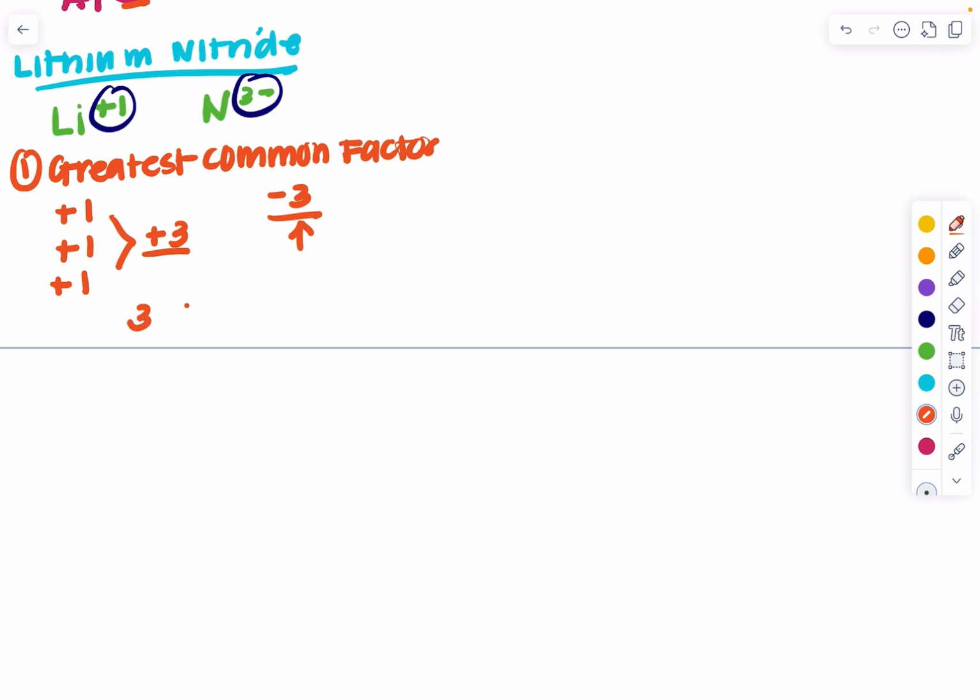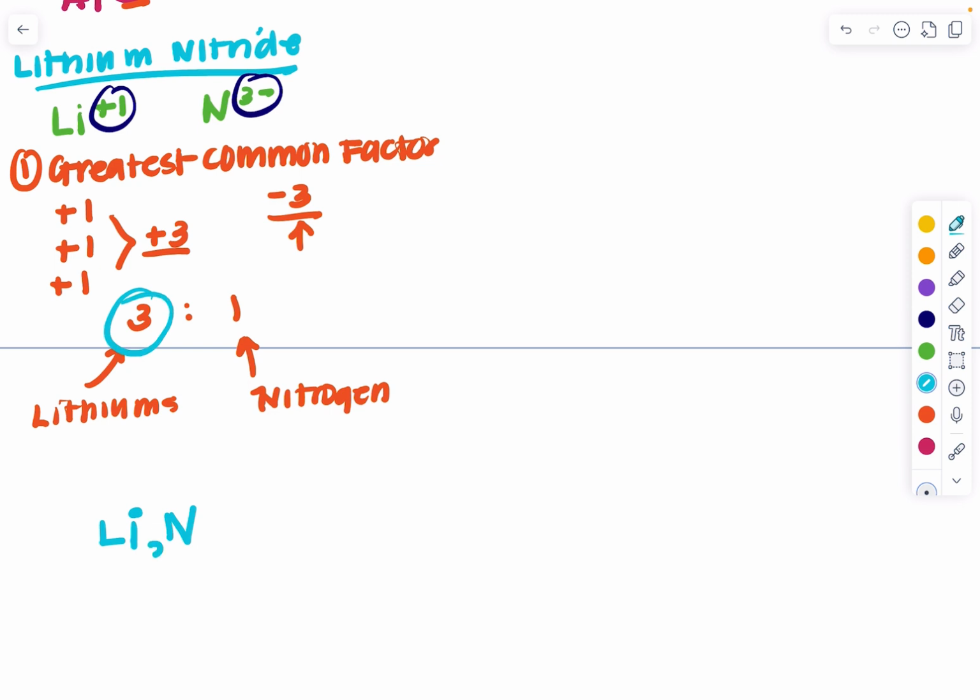It's kind of a 3-to-1 ratio, which means we need 3 lithiums for every 1 nitrogen. And the way that we write this is we still write the element symbol, but we need to count that there's 3 lithiums. So we're going to put as a subscript next to lithium 3. And we don't need to put a subscript for nitrogen because there's only 1.